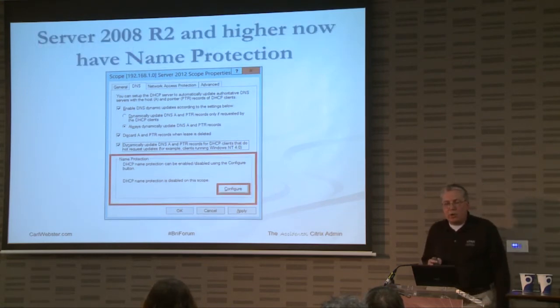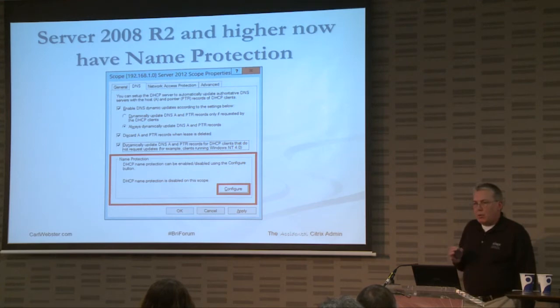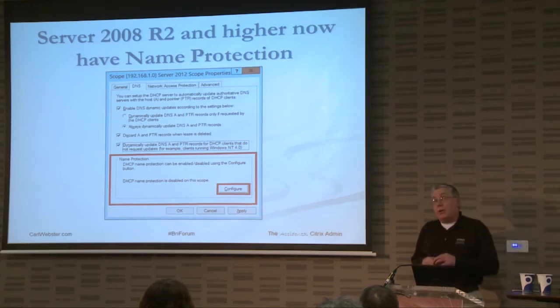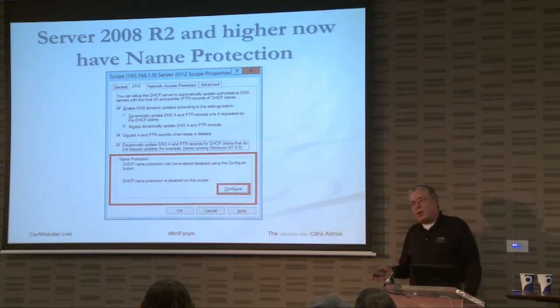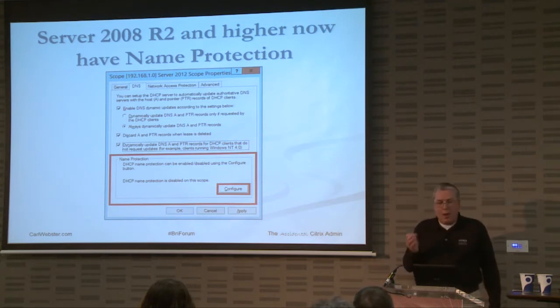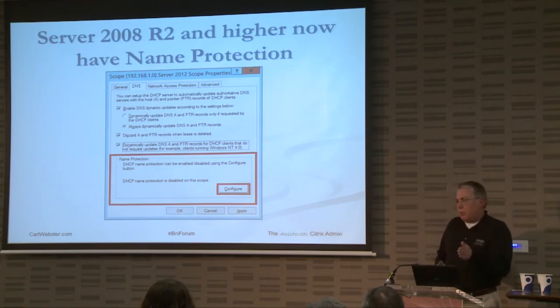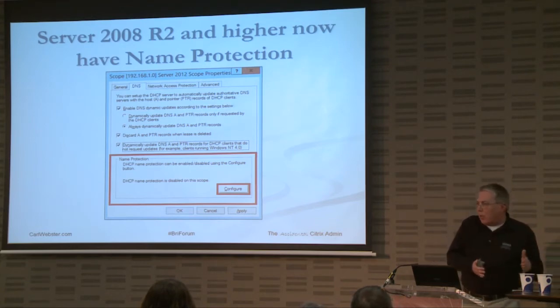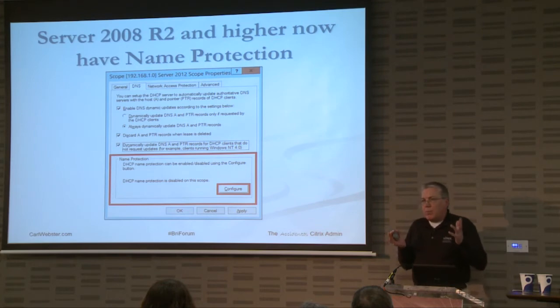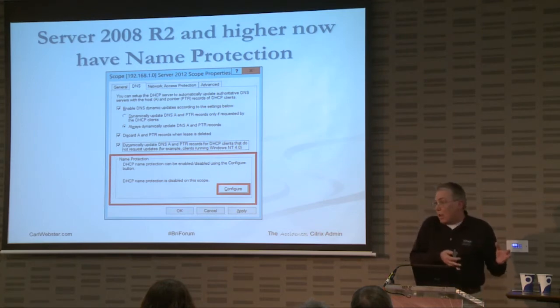Server 2008 R2 and higher now have name protection. What's name protection? Well, technically on the server side, that's covered by RFC 4701, 4702, and on the client side, it's covered by RFC 4361. What that means is that a non-Windows computer, if it is using our Microsoft DHCP server, when it comes up, DHCP says, okay, I'm going to give you an IP address, but I'm also supposed to dynamically register you in DNS.